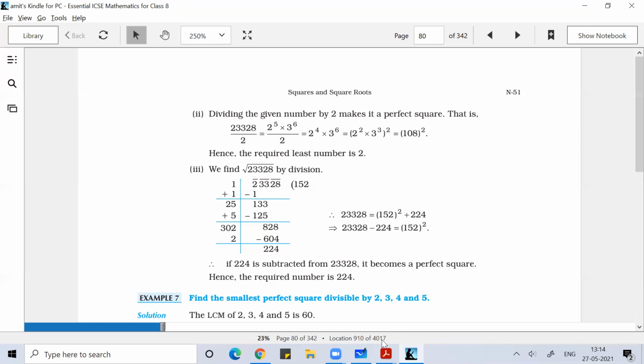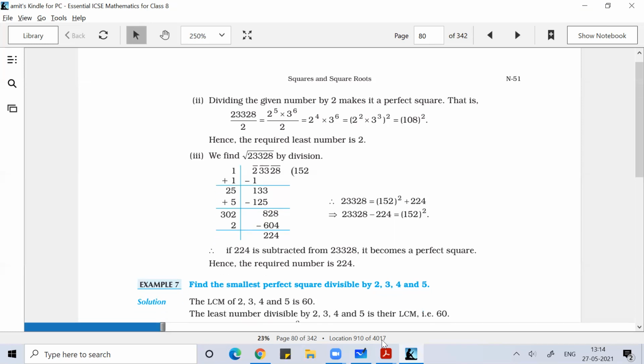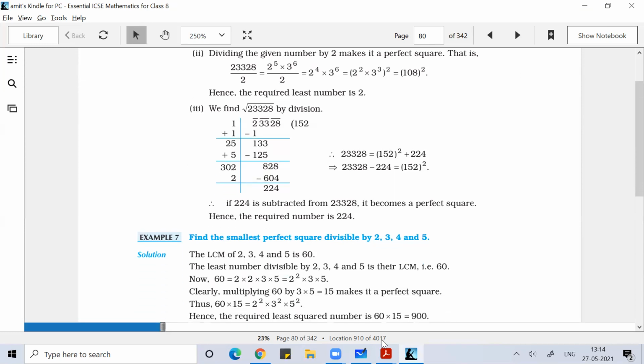To make it a perfect square, you have to multiply it by 3 into 5. So 60 into 3 into 5 gives 900. The smallest perfect square divisible by 2, 3, 4 and 5 is 900. I hope it's correct.